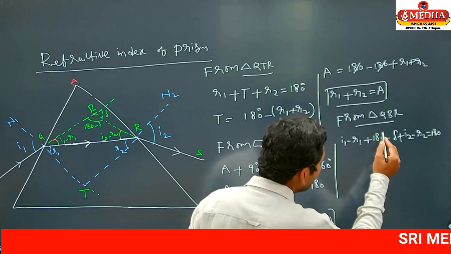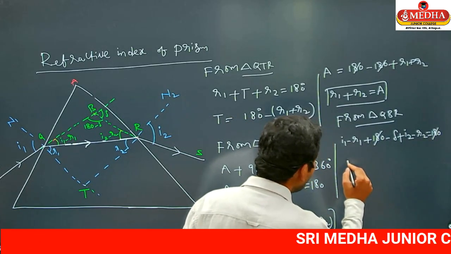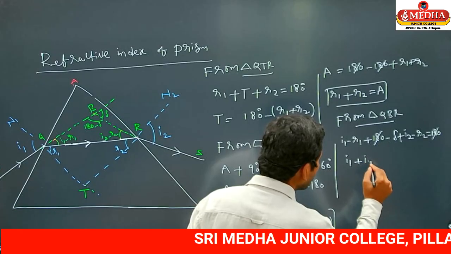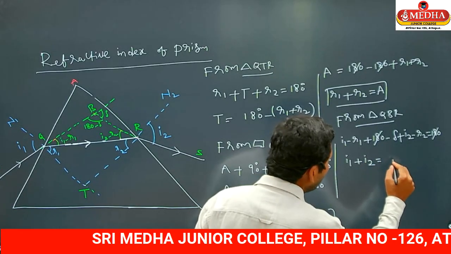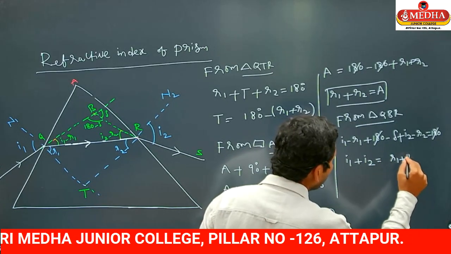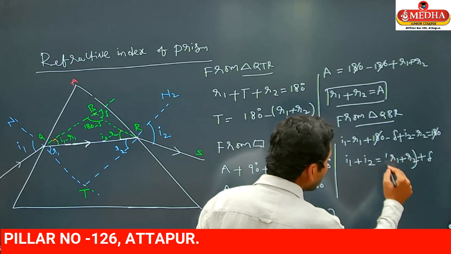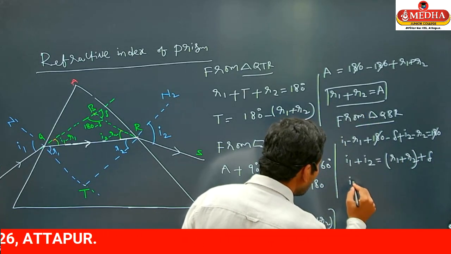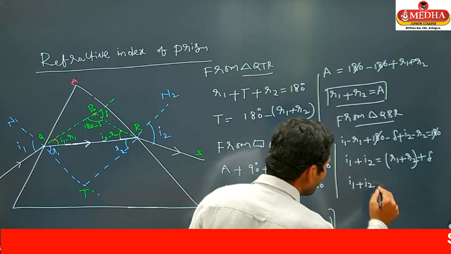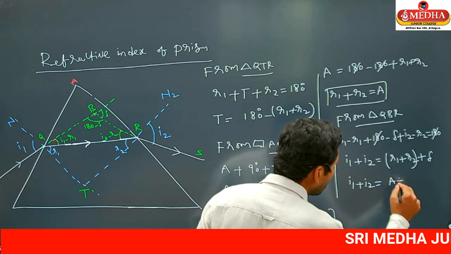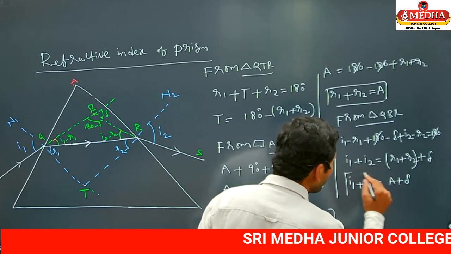Rearranging this equation, the 180 cancels. Now I1 plus I2 is equal to R1 plus R2 plus delta. But we got R1 plus R2 equals A. Therefore I1 plus I2 is equal to A plus delta. One more relation we got.